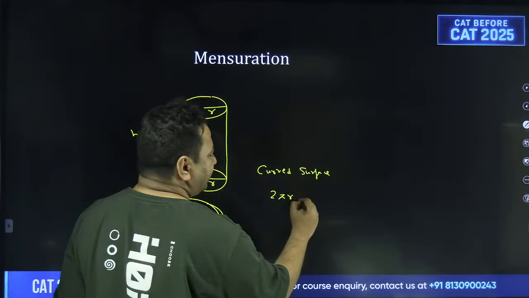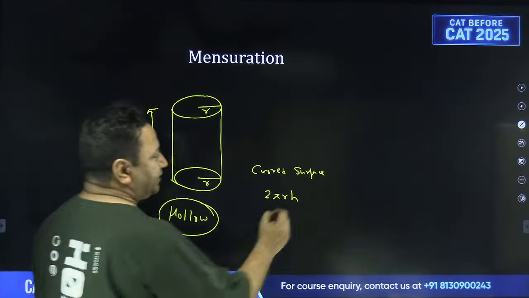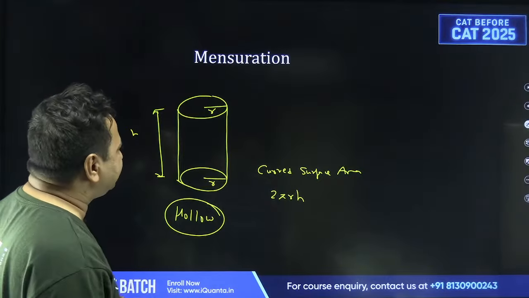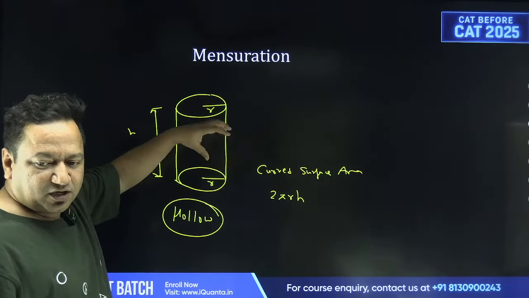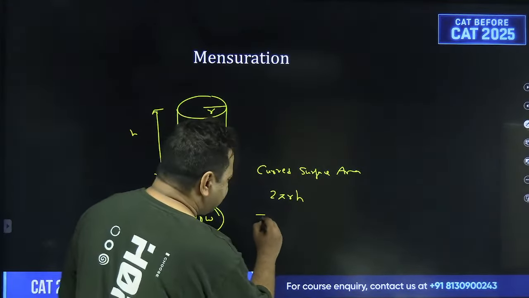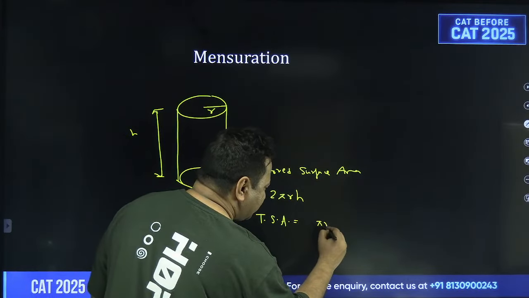So 2 pi r h will be giving us the curved surface area. But at the very same time, if the cylinder is filled, it's a solid cylinder, in that case we'll be having a top and a bottom, and the top and the bottom will be circles. So total surface area, if I try to count it, it has to be pi r square 2 times.